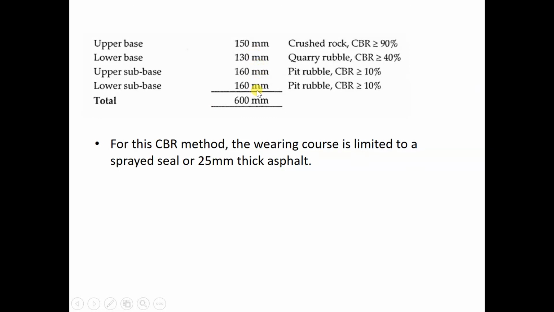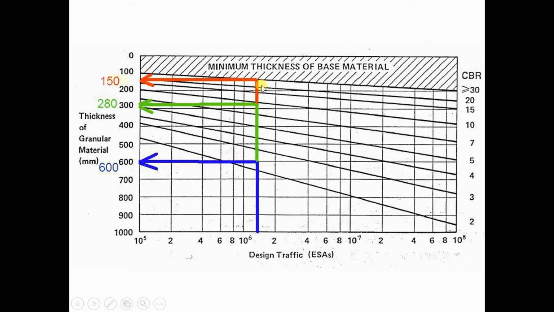So the sub base will be 320 thick. In this case, because they are all above 2.5%, if it's above like 200 thickness, we just divide it into 2. So here is a 160 lower sub base and the upper sub base is 160 as well. Okay.